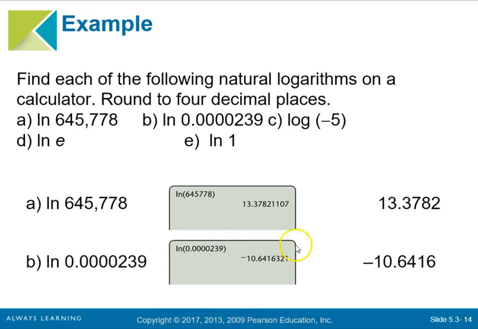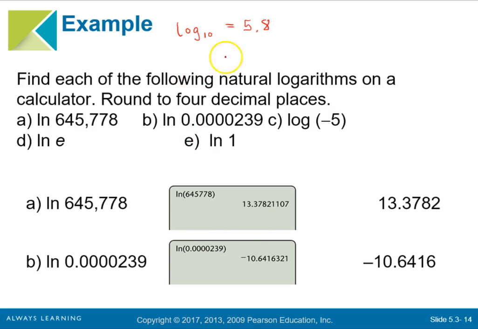In this case, we have the same set of numbers, and in the last case, we had like 5.8 something. In this case, we have 13, and the reason we have 13 is because our result is based on the base. So log base 10, we said it was between 5 and 6, so we'll call it 5.8.